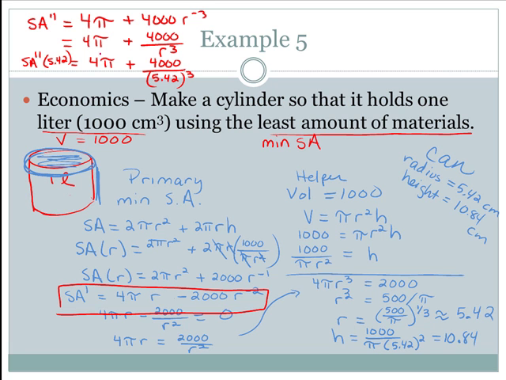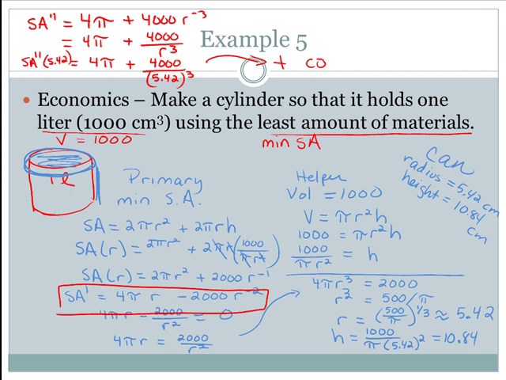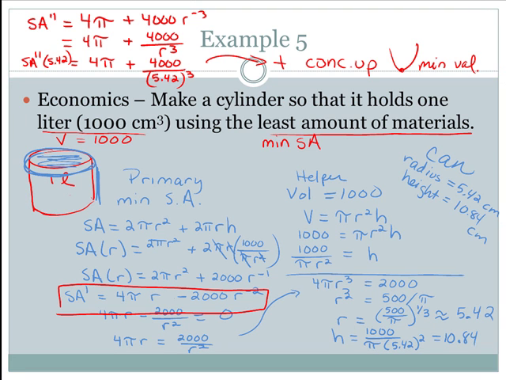This entire value, everything in it is positive, and therefore the second derivative says that we're concave up, which means we have a minimum value. So the second derivative is always going to prove that what you have is either a maximum or a minimum.